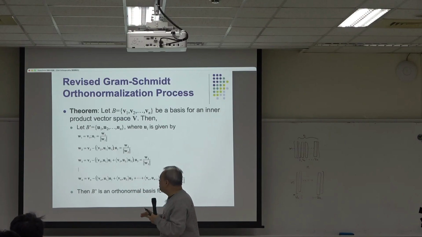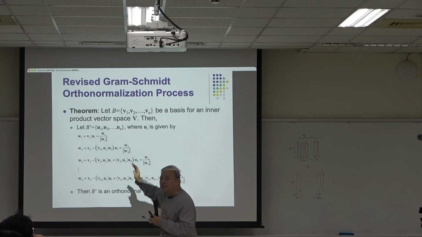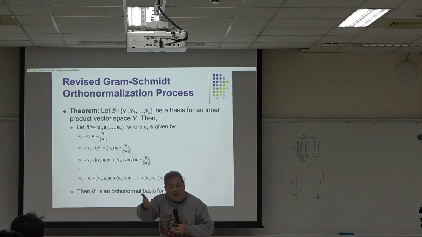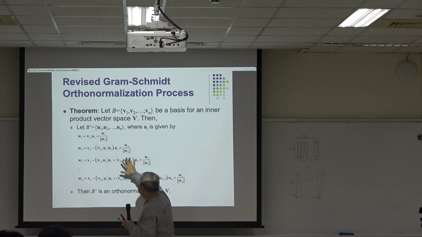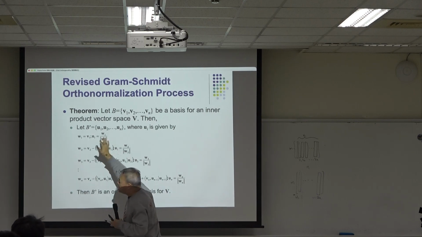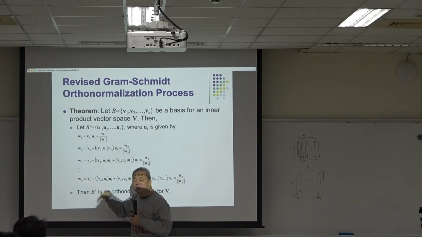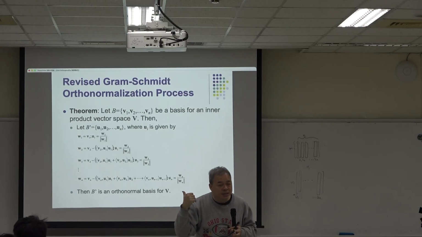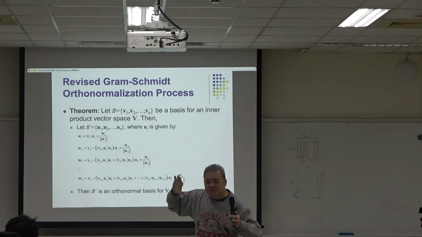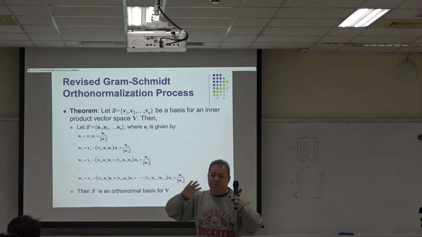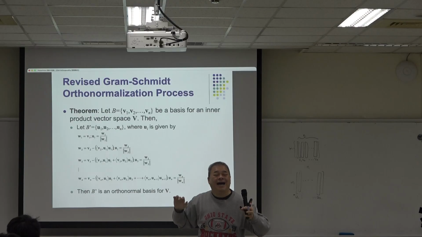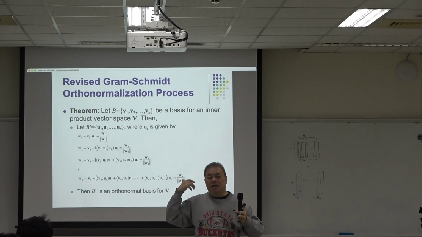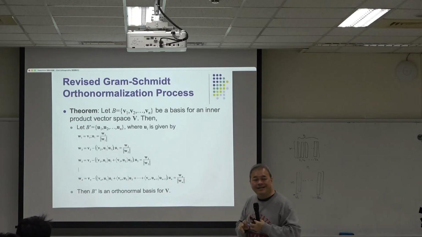Let me try to represent Ui by Vi. Here we are trying to derive Ui from Vi. This formula allows us to derive Ui from Vi, right? Any question? But if you can derive Ui from Vi, obviously we can derive Vi from Ui as well, from these formulas, right?